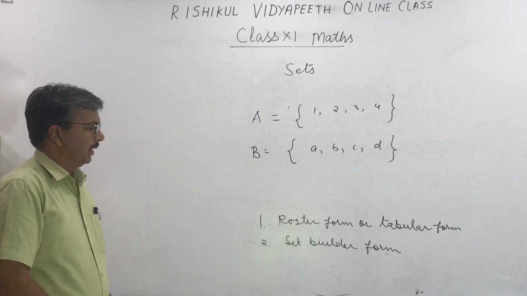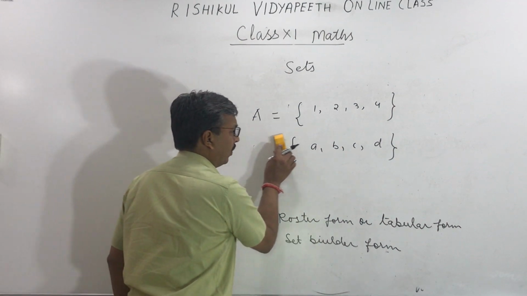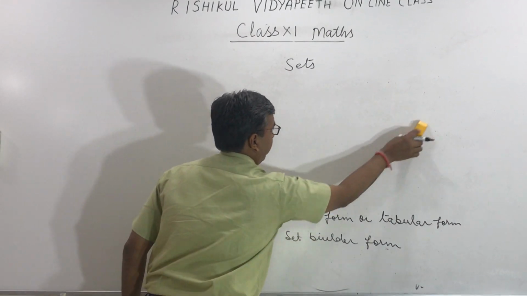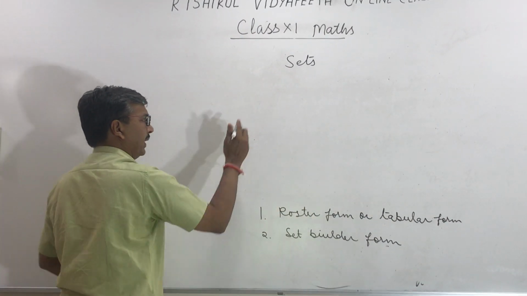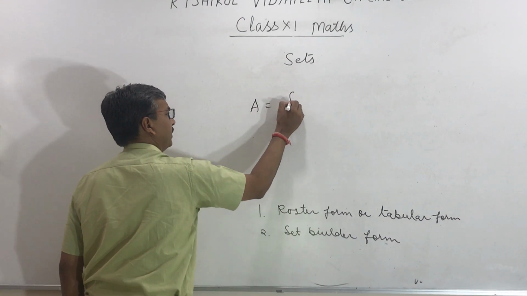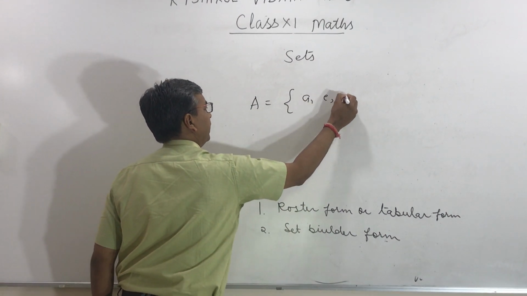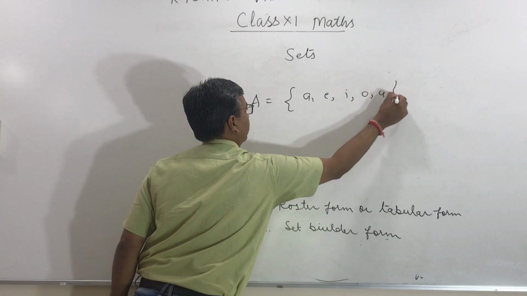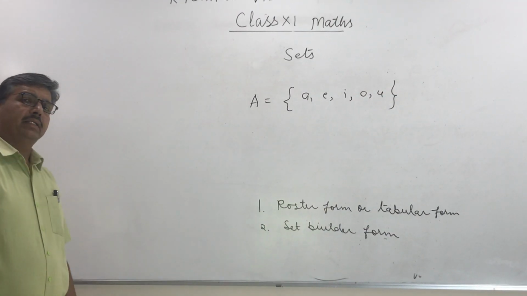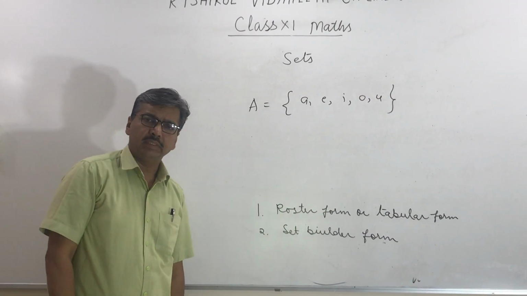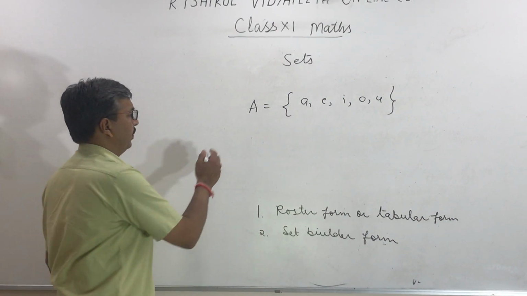Okay. Now second is set builder form. If I have a set A, E, I, O, U, can we write this in set builder form? Yes. How?